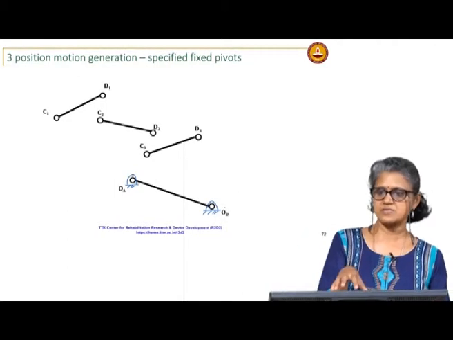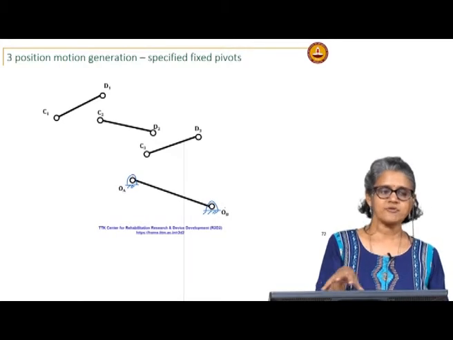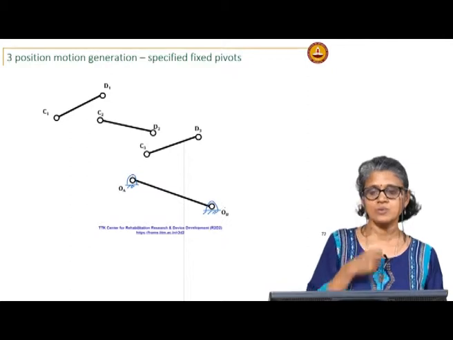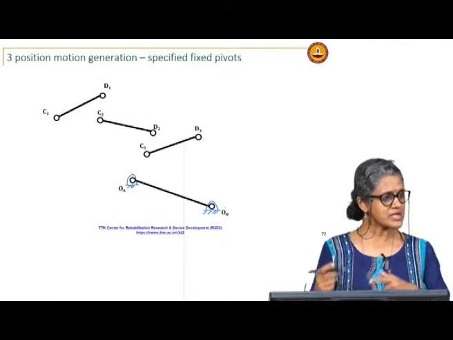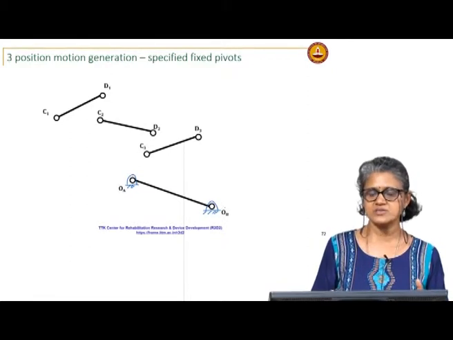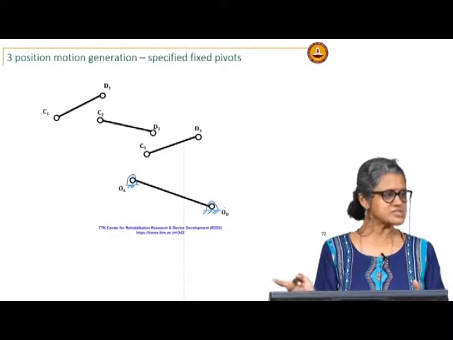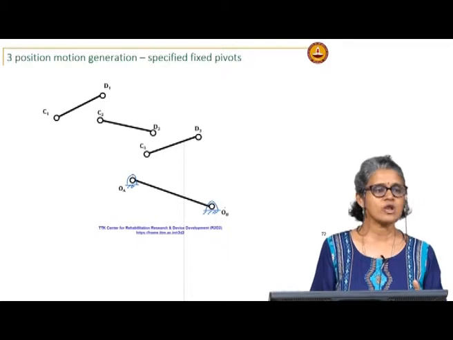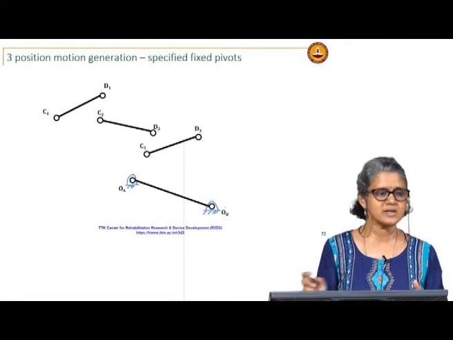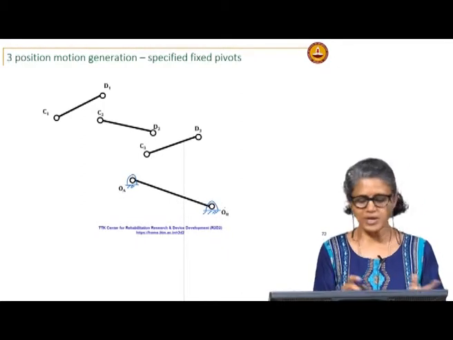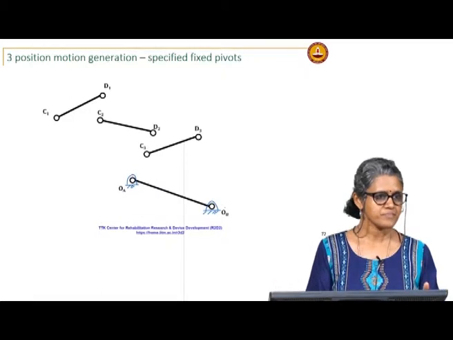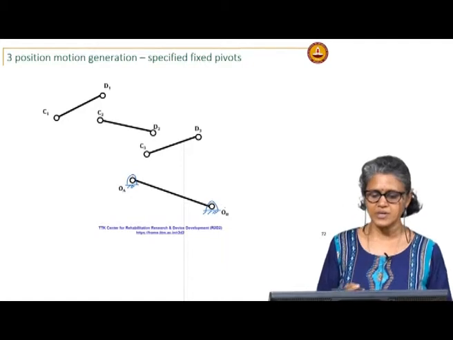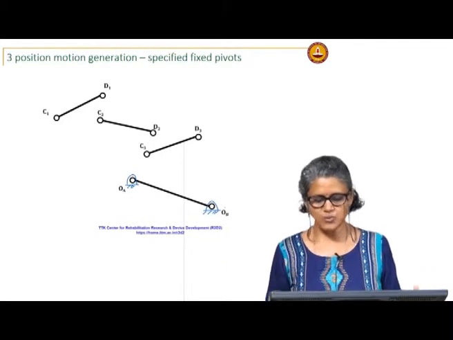You are given the fixed pivots, and you want to find where on the moving body you locate the corresponding circle points, so that for the three positions shown, those three points move along a circle centered about OA or OB respectively.